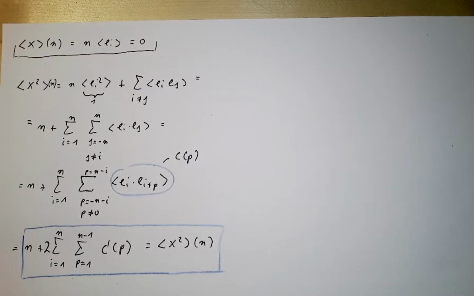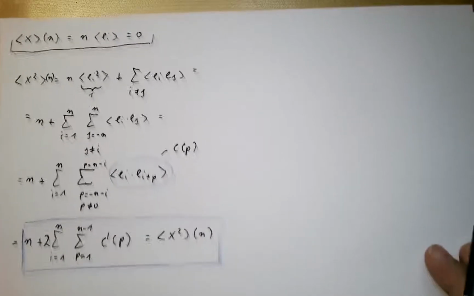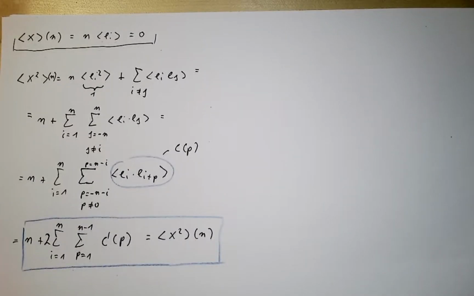So the second moment increases with n, and that was usually the diffusive behavior. The second moment increases with time, and then it increases with this sum over all these autocovariance functions. And now there comes a cool trick here, and the trick goes like this.